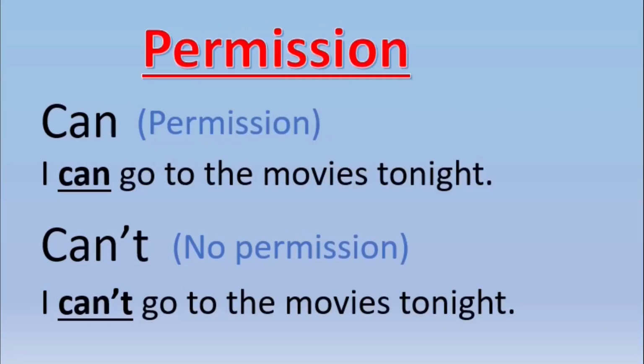Permission. Can. I can go to the movies tonight. This means I have permission to go. Can't. I can't go to the movies tonight. This means I lack permission to go.